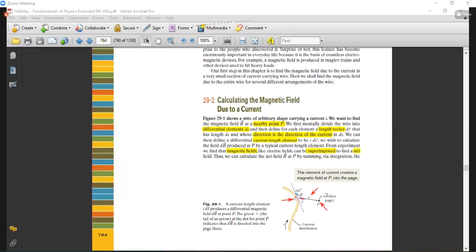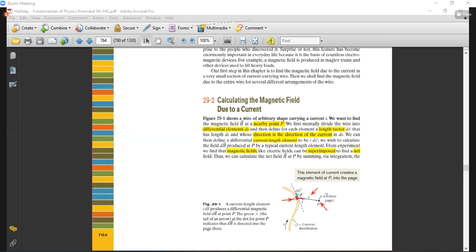We will find out the magnetic field at point P due to this element, and then we will integrate over the whole wire by using the limits, and we will find out the magnetic field at point P due to the whole length of the wire.